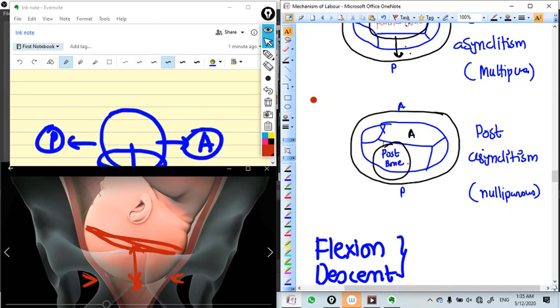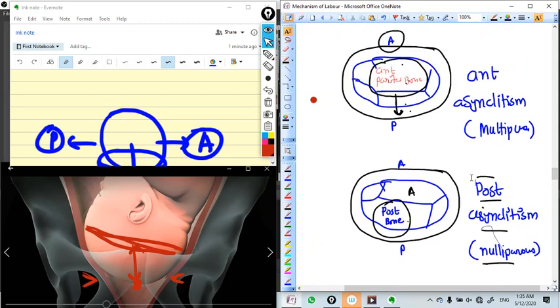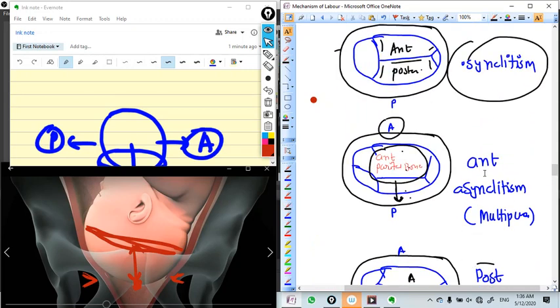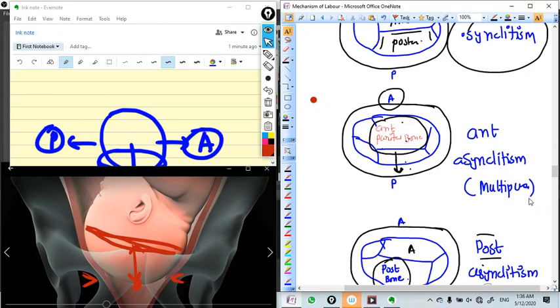So this becomes posterior asynclitism. Synclitism means there is no tilt of the head, but asynclitism means there is a tilt of the head either anteriorly or posteriorly. That makes the anterior and posterior asynclitism. There is nothing to mug up.